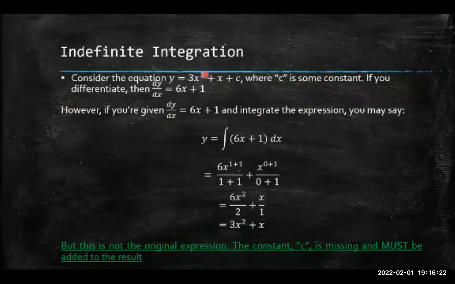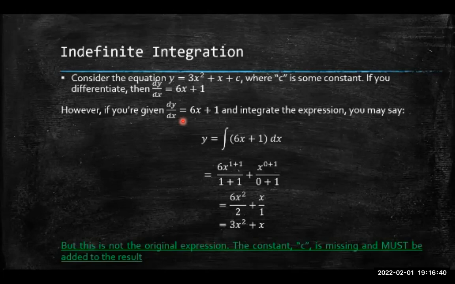If you differentiate this expression here, you get 6x plus 1. So you might be wondering, but where did the plus c go? Why didn't I put it here? That's why I said it's important for you to know about differentiation before you start doing integration. It's because if you differentiate a constant, you're going to get 0. So whatever this constant is, it does not matter. -4, 2.5, whatever it is.